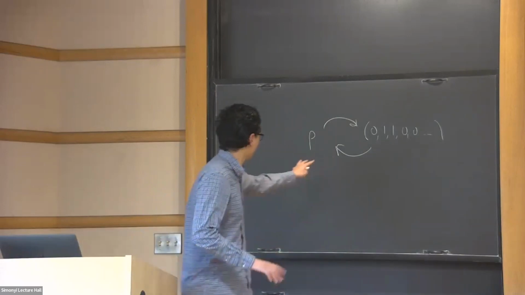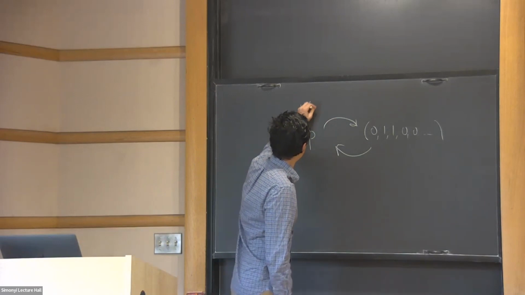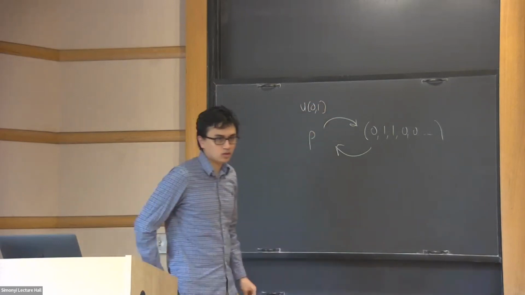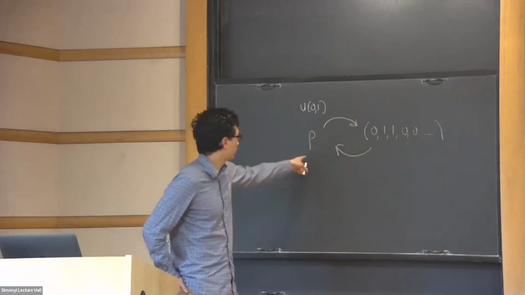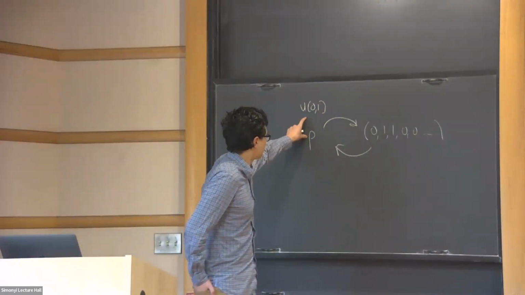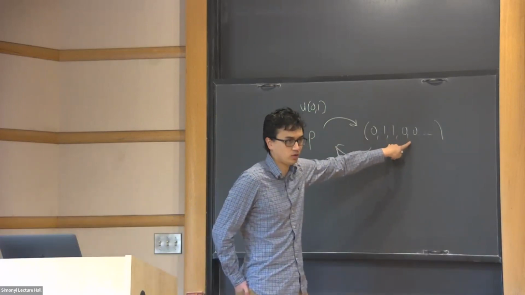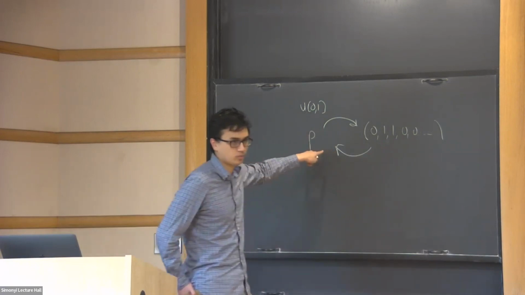Let me just try to say it one more time. I want to say P is uniform. Someone samples P and then samples the sequence, and then I want to somehow figure out what P was. Because we know the distribution of P, we know the distribution over here. We're just going to sample from the distribution over here, and then we're going to recover P.